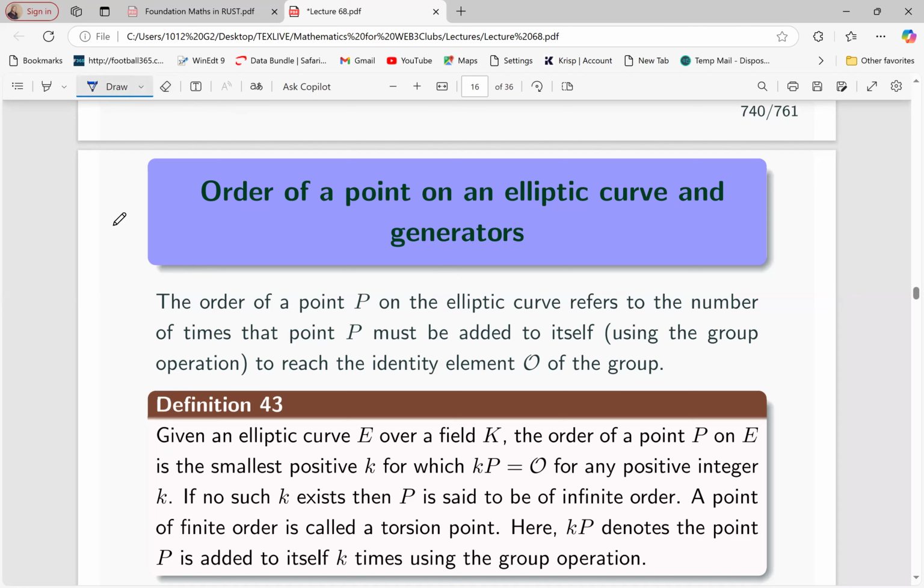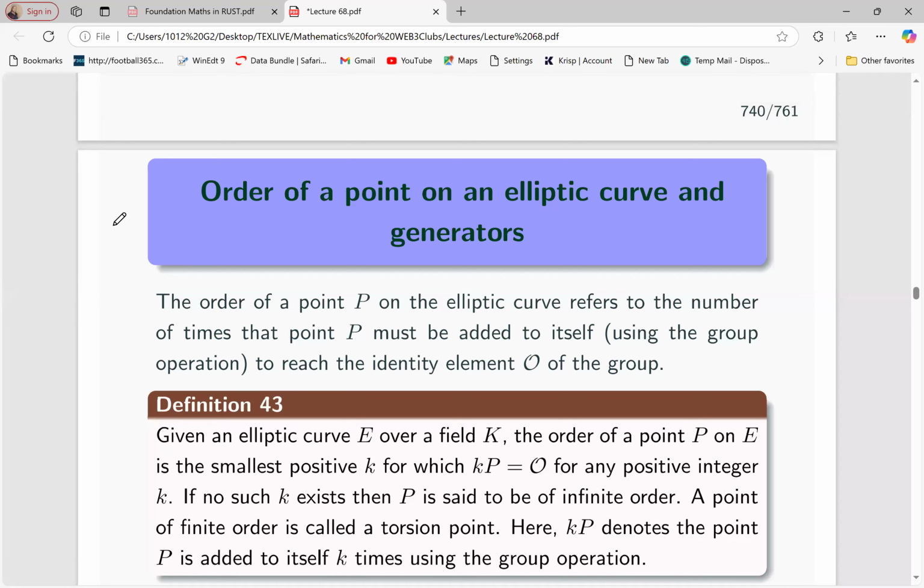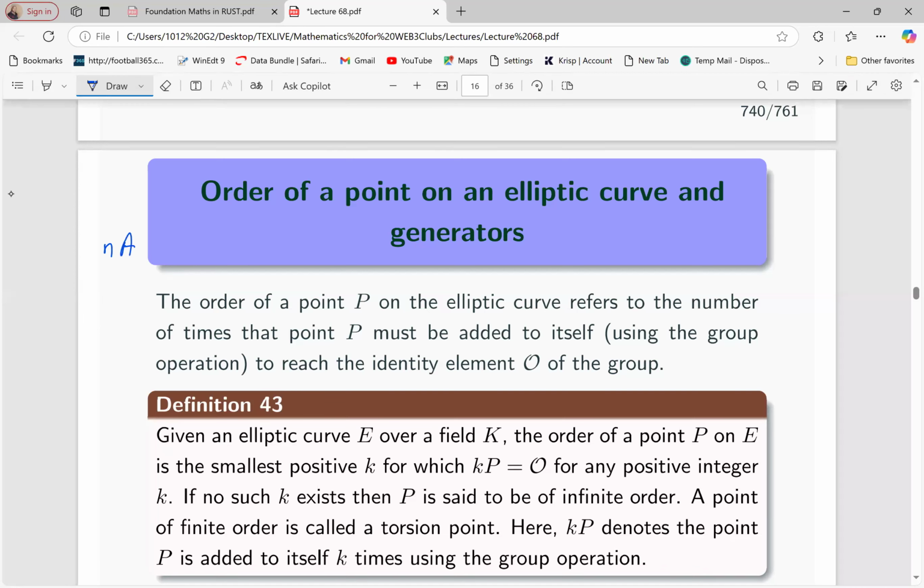In group theory, when we looked at groups, we said the order of an element A under addition is n if A added n times gives you the identity.